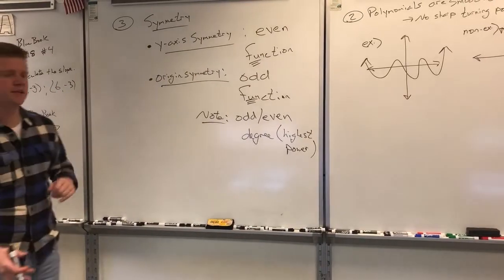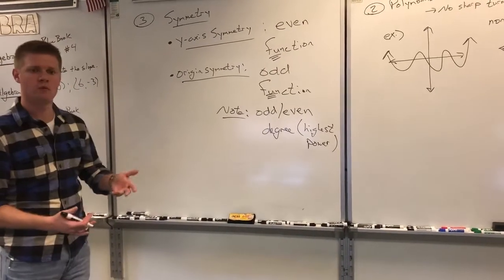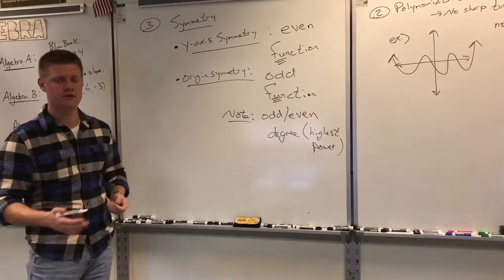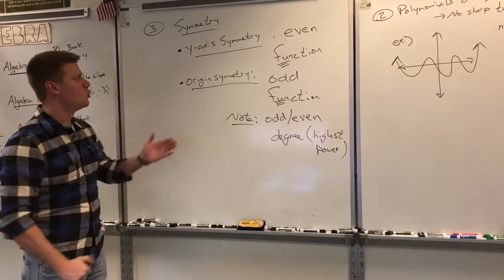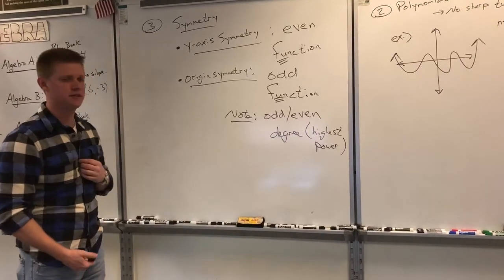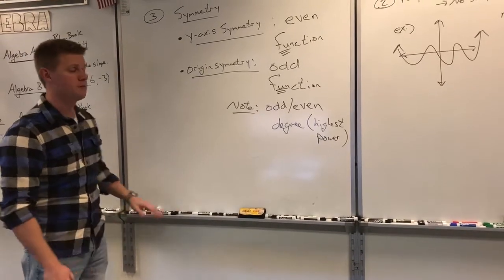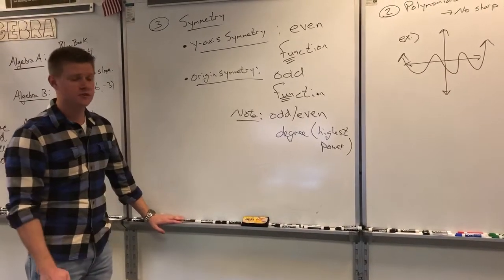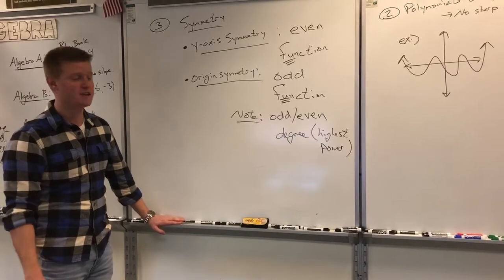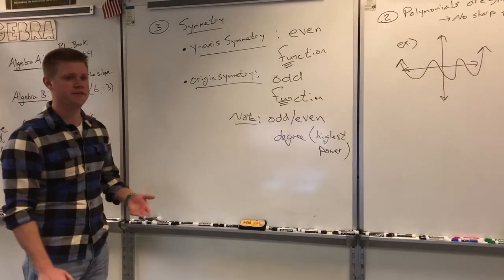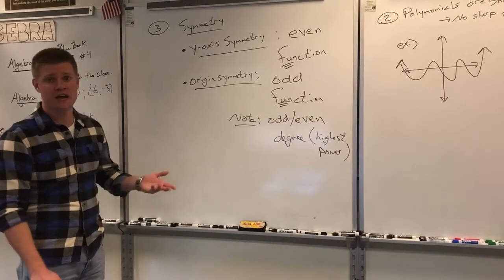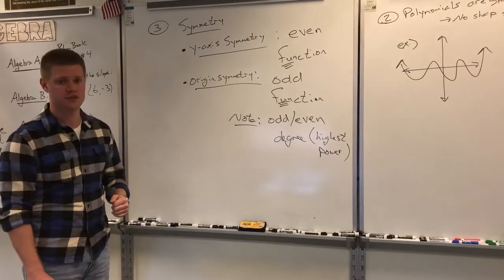Okay, last thing to touch on here with the symmetry before we move into the fourth characteristic, I'm sure you notice one of them is missing compared to what we've talked about in the past. We do not test x-axis symmetry when we are talking about polynomials. Of course, this is a good question that I'd ask in class and see if anybody could come up with the answer for it. But the reason we do not test for x-axis symmetry, the title of the section is polynomial functions.